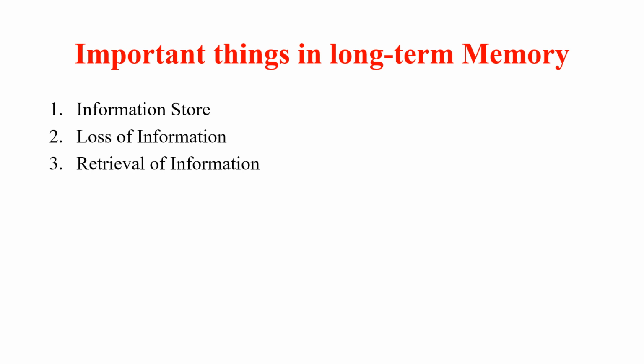Now the third one is retrieval of information. So what is happening in the retrieval of information? How can you retrieve? Sometimes you are recalling things when it is required, or needed, or necessary. So retrieval by reproducing the information from the memory is called recall.